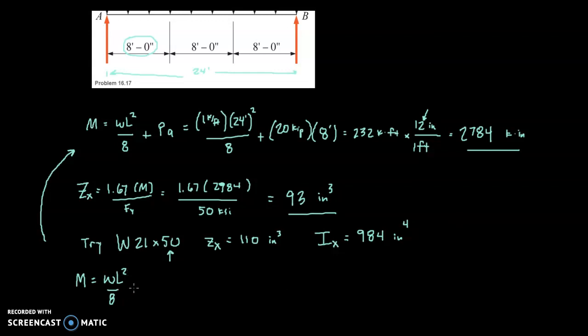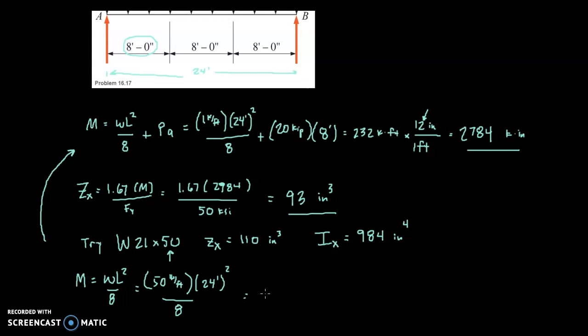Well, I tell you what, let's calculate the moment first, and then we can convert to inches. So that's going to be 50 pounds per foot times the length of 24 feet squared divided by 8.